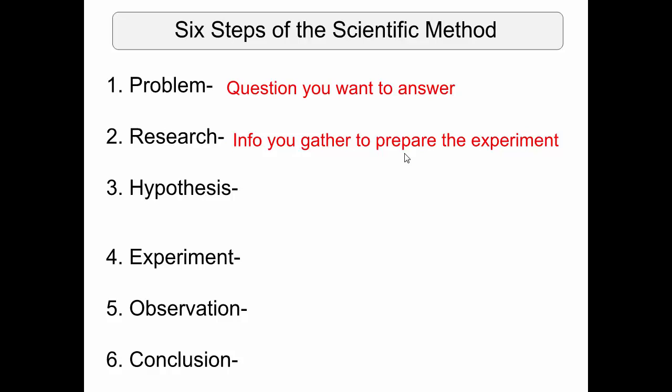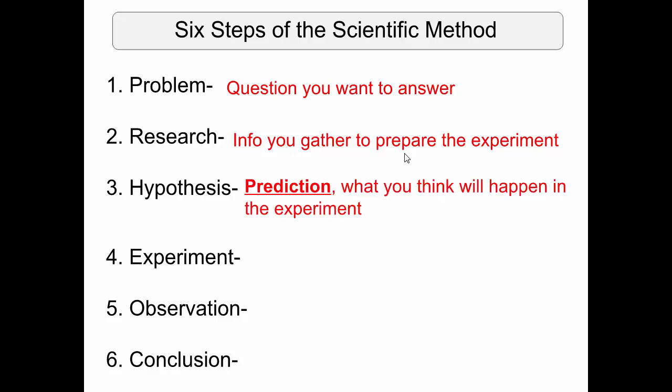Really, your hypothesis is a prediction about something specific. Not about the weather tomorrow, but about what? Your conclusion? About, yeah, what is going to happen in your experiment. You predict what's going to happen in your experiment before you ever even do it. That's what your hypothesis is. It's a prediction about what will take place in your experiment.